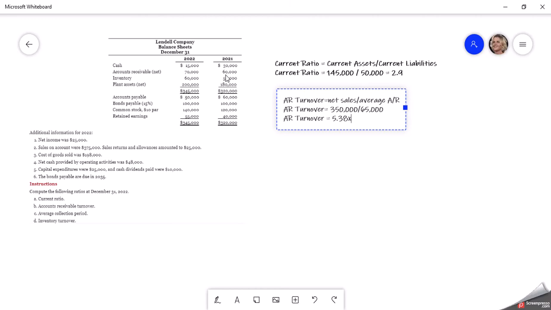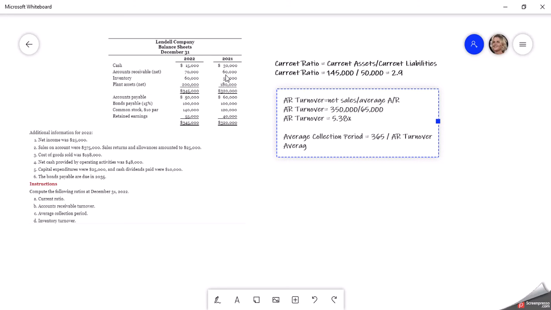Then that feeds us into the next one. The next one says, well, what's our average collection period? Well, these are the same computations. So our average collection period is calculated by taking 365 days in a year and dividing it by that accounts receivable turnover. So these do go hand in hand, so we'll do them together.